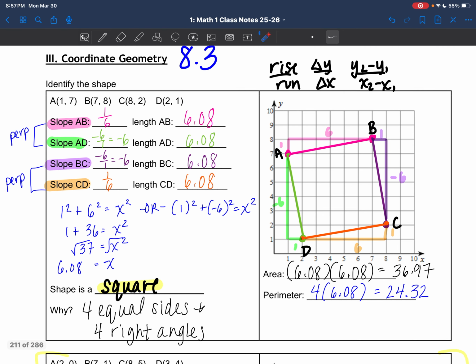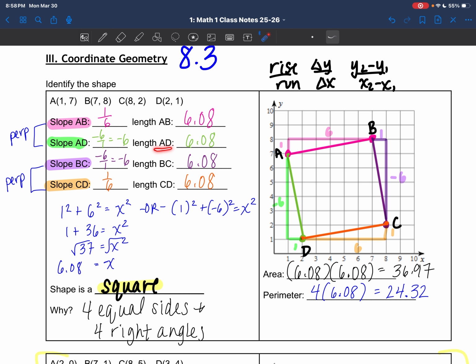All right, now let's find slope AD. So we're going from this point to this point. To find the slope of this line, I'm going to go down 6 and to the right 1. So my slope is negative 6 over 1, which equals negative 6.